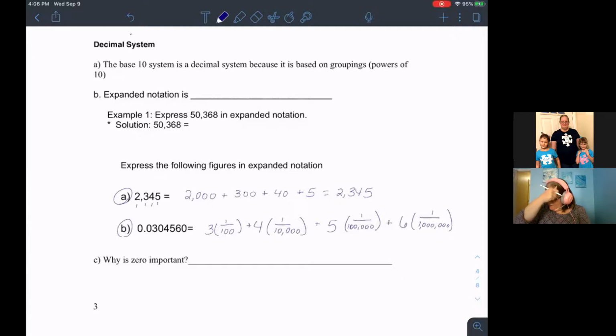And the reason for 0 being important, I put as a placeholder, and it has value.